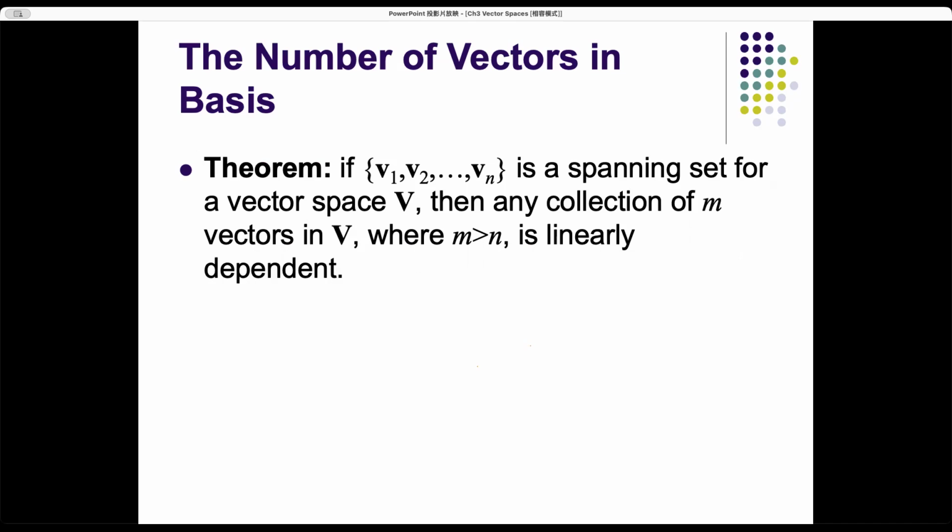So if you have a spanning set, not a basis, sorry, a spanning set of n vectors, any set of vectors with more than n vectors has to be dependent. So how do we show that?